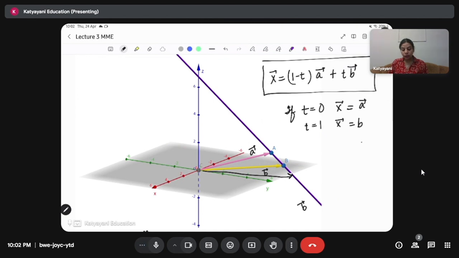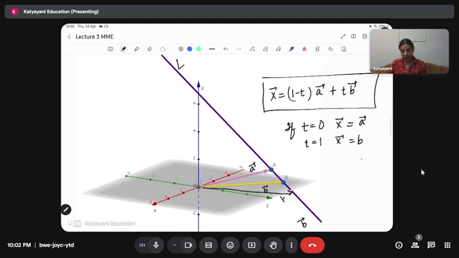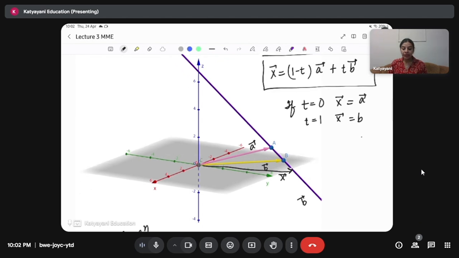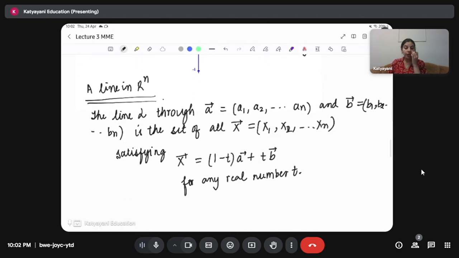And when t could take any other value, the vector x would lie on the line L here, which is shown in purple. So this is any vector x. For different values of t, you will have different x's here, and if you join all those points, you will get your line L. So the equation of the line is the set of all the x's which satisfy this particular equation.